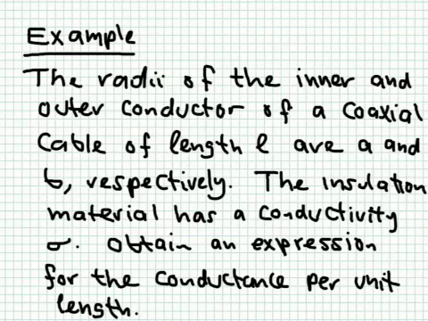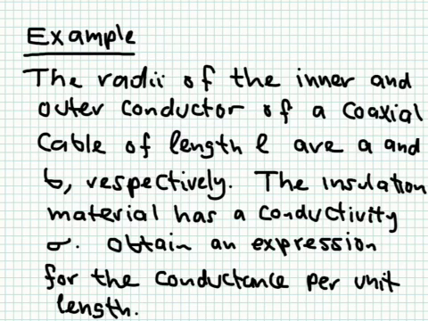Now let's take a look at a couple of examples. The first one, we have a coaxial cable. It has an inner radius A and an outer radius B, and it has a length of L. And between the two conductors, the inner and outer conductor, there is an insulator with conductivity sigma. Ideally, the conductivity should be zero here.